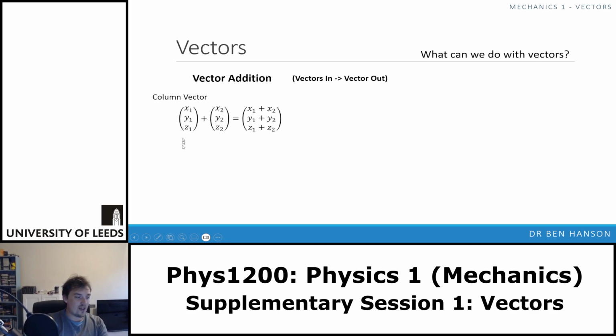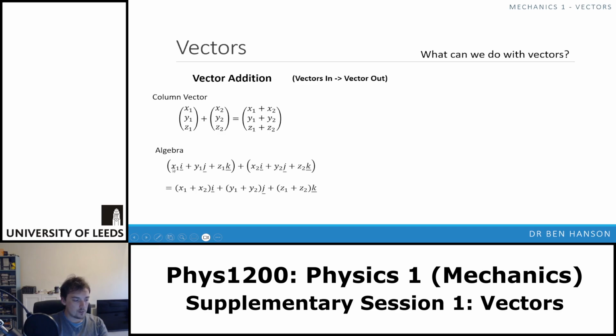So if I've got column vectors x1, y1, z1 and x2, y2, z2, where the subscripts are just so we know which vector it is, the first one and the second one, then to add them together, I just do x1 plus x2, y1 plus y2, z1 plus z2. Just add the components together, right? In algebra, we've got x1 lots of i, y1 lots of j, z1 lots of k, plus the same thing for x2.